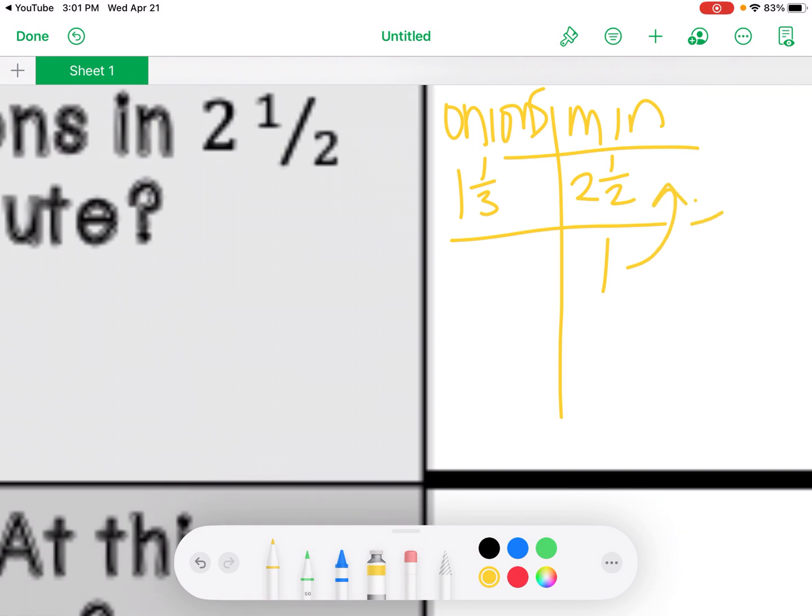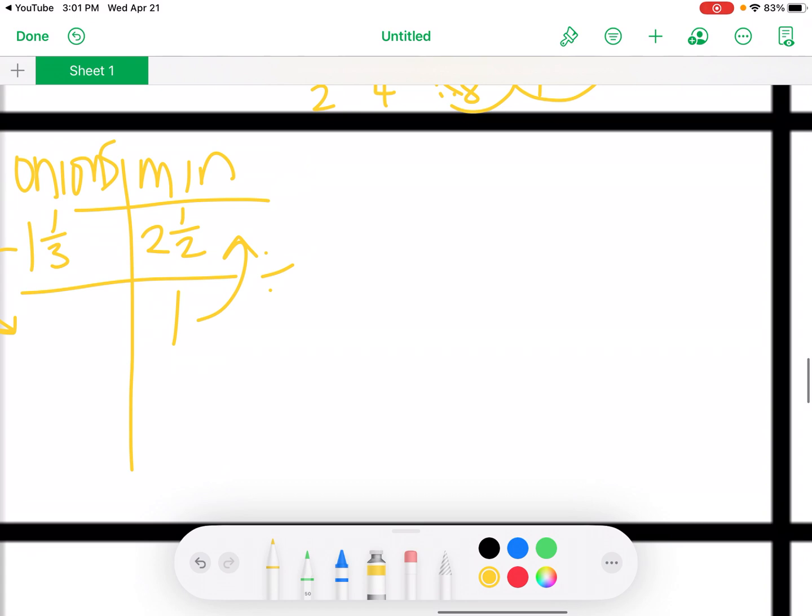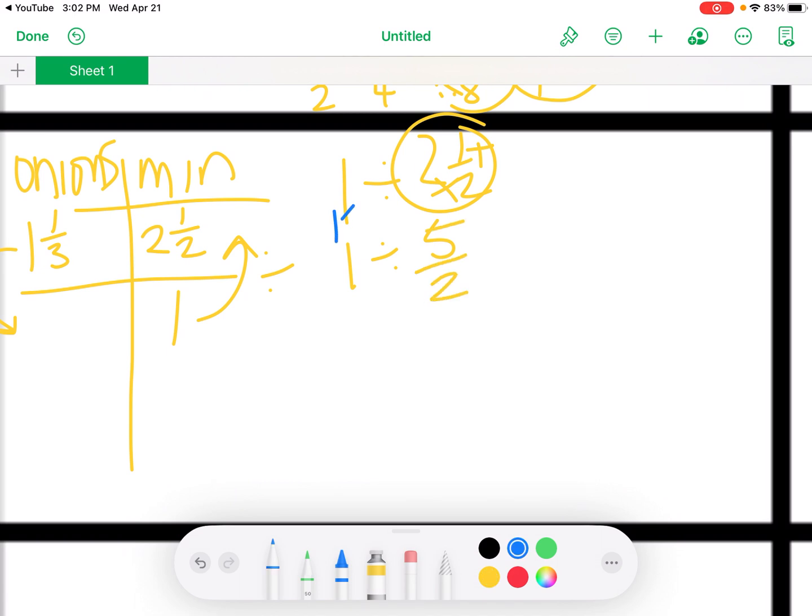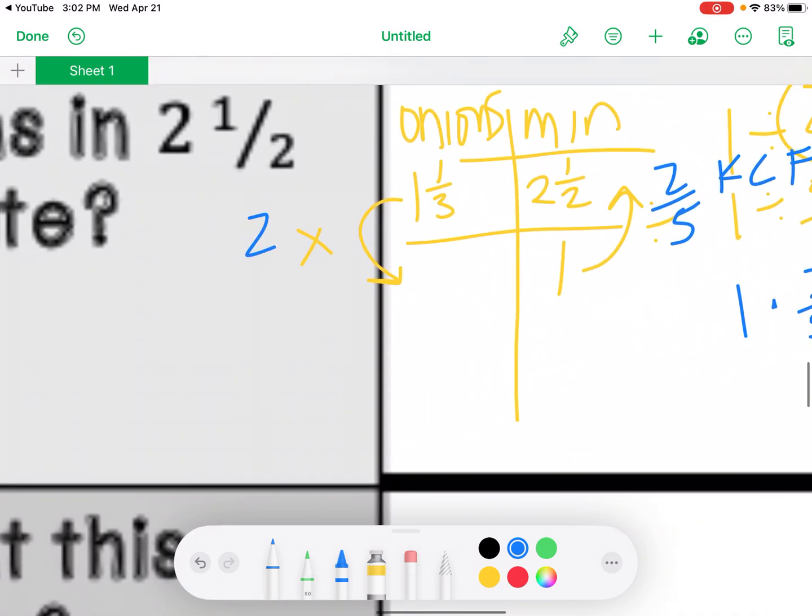So I'm going to divide going this way, multiply coming down. So that's 1 divided by 2.5. So that's 1 divided by 2 times 2 is 4, plus 1 is 5, 5/2. So now I'm going to keep, change, flip, 1 times 2/5, and I get 2/5.